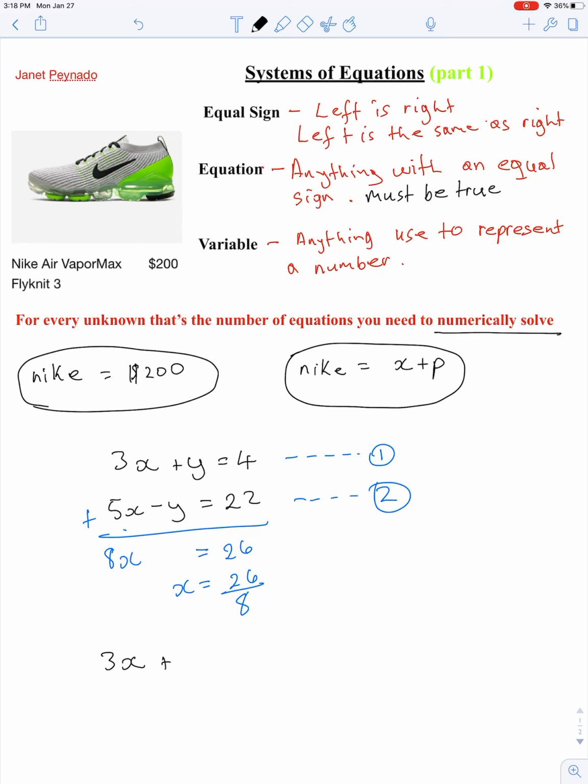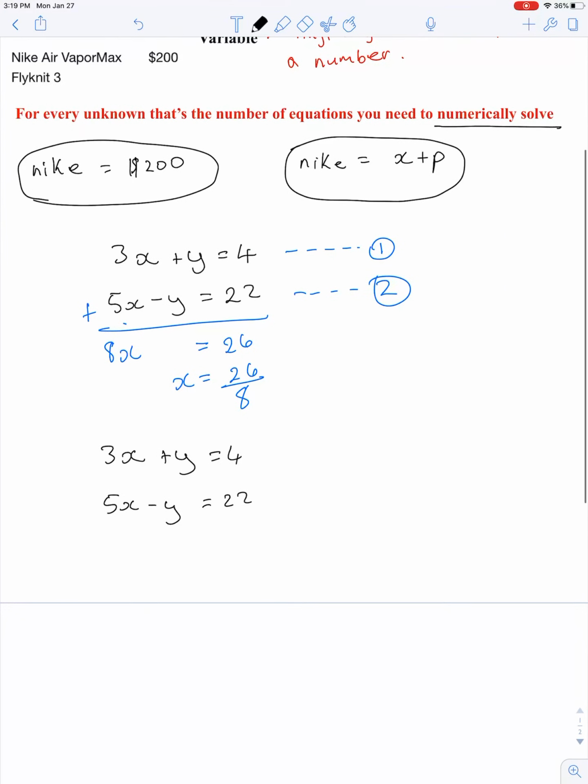It's 3x plus y equals 4, and 5x minus y equals 22. Let me move this up a little. So once again, label equation 1, equation 2. The first thing you want to do is check how many unknowns you have.